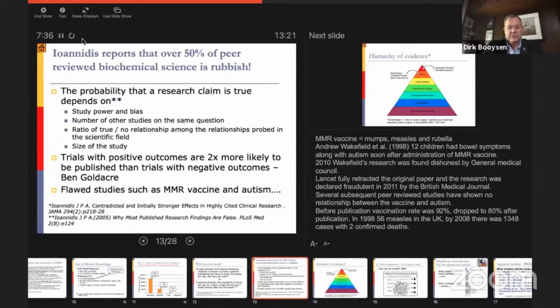And later on, I'll refer to a book by somebody by the name of Trisha Greenhalgh, which will teach you how to read papers. Then the other guy that I also admire a lot is Ben Goldacre, who's a GP, or general practitioner, in the UK, and he sort of takes on all of these false claims. And he says trials with a positive outcome, this means randomized control trials with positive outcomes, are twice as likely to be published as trials with negative outcomes.